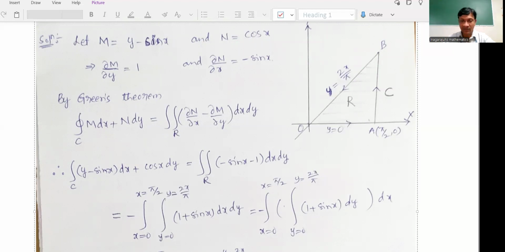So we are integrating first with respect to y and substituting the upper and lower limits. Then after integrating with respect to x, we substitute the limits, upper limit minus lower limit. So now we are first integrating with respect to y.